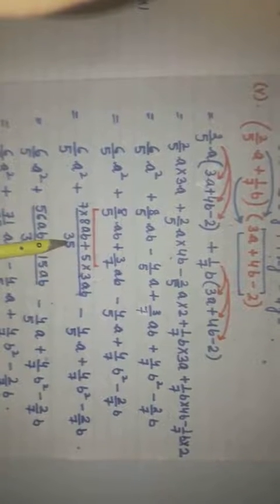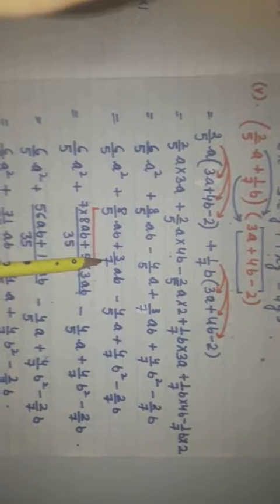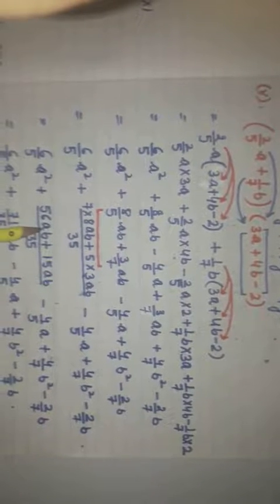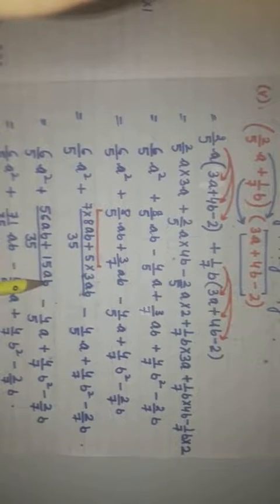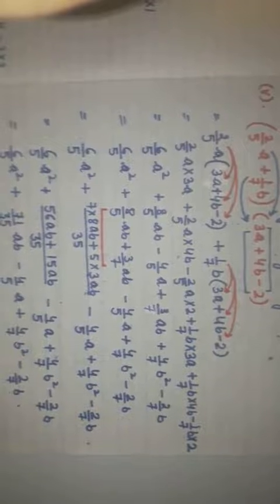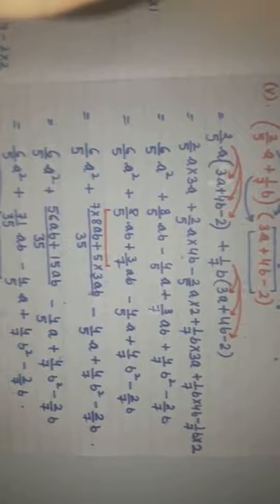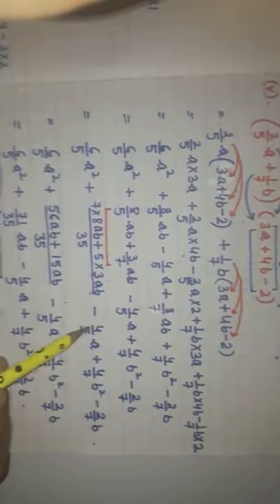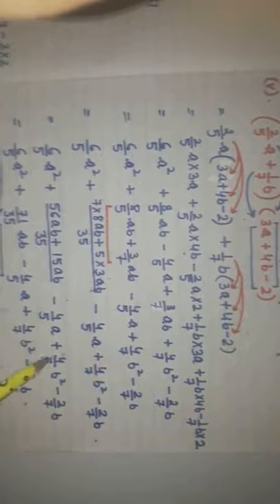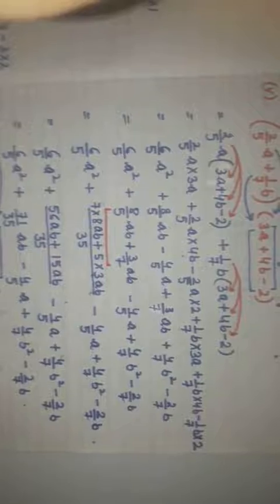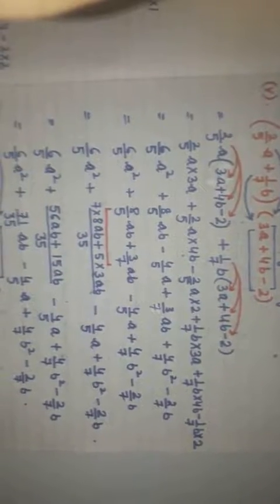Then 35 divided by this denominator 7, so we get 5. 5 multiplied with the numerator, that is 5 into 3ab. We will get 56ab plus 15ab. It becomes 71 upon 35 ab. And the other terms are as such, these are the same as it is, and this term. So this is the answer.